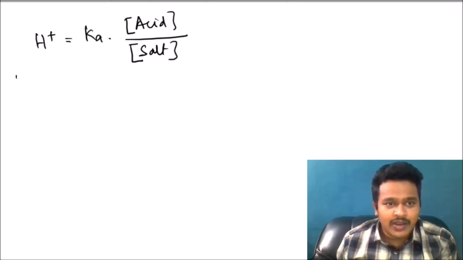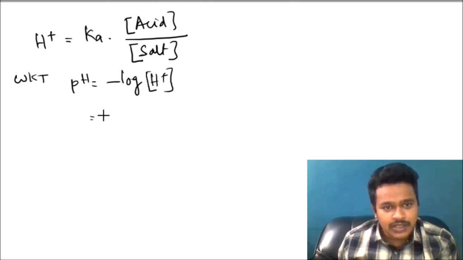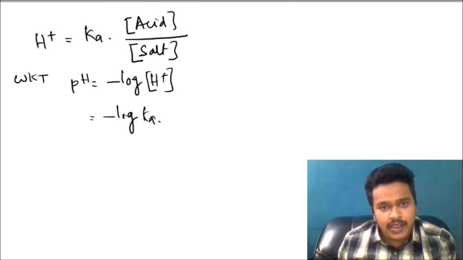Now we know that pH is equal to minus log of the H plus ion concentration. That means minus log of Ka into acid concentration by salt concentration.